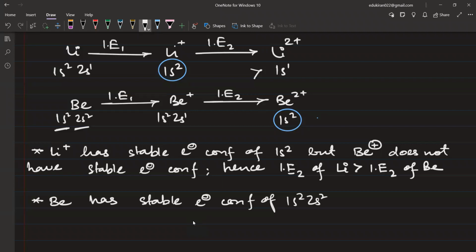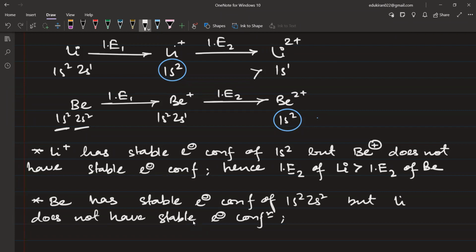But lithium does not have stable electronic configuration. Hence, IE1 of beryllium is greater than IE1 of lithium.